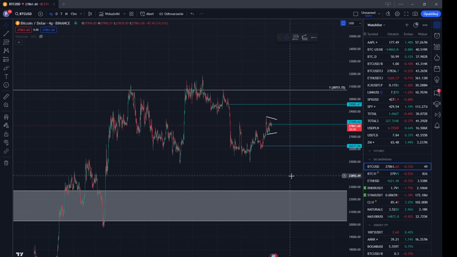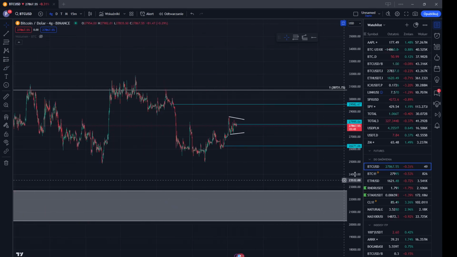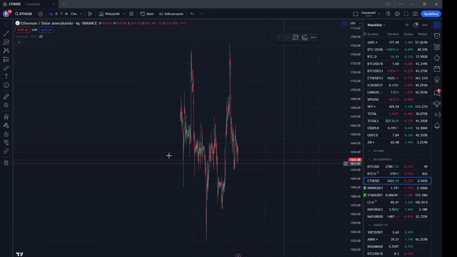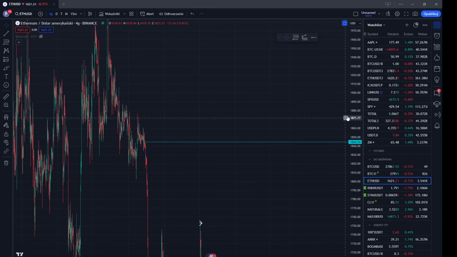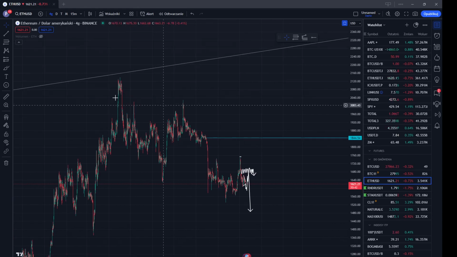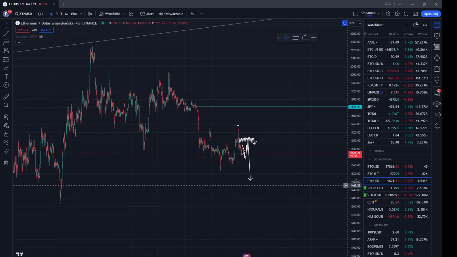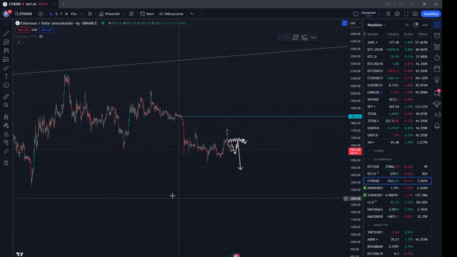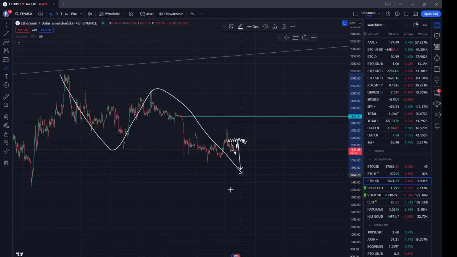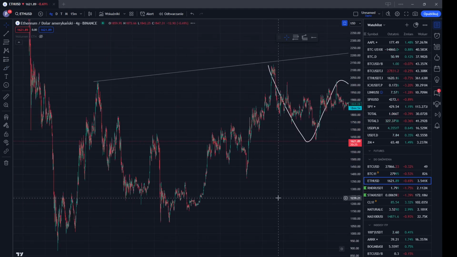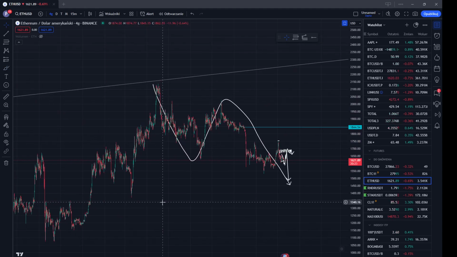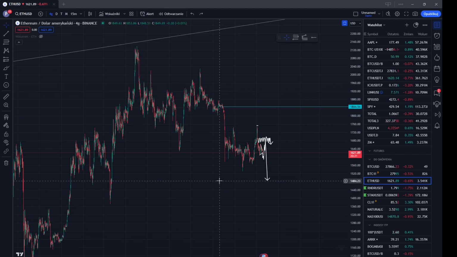The situation on BTC and ETH is roughly the same. I have zero clue what this is, but my thinking at the moment is that possibly this is a 1, 2, and 3. But just maybe.